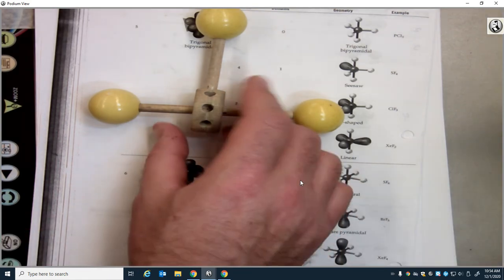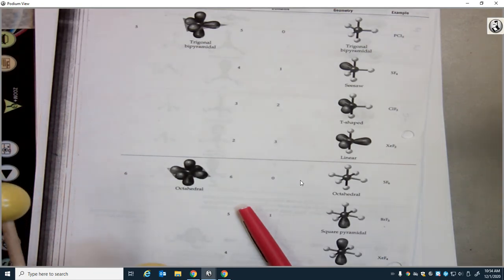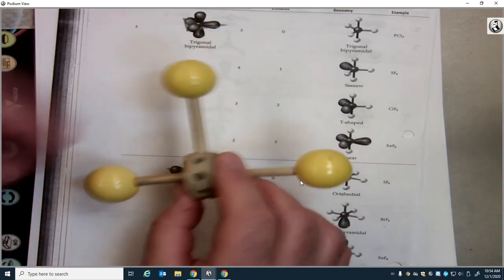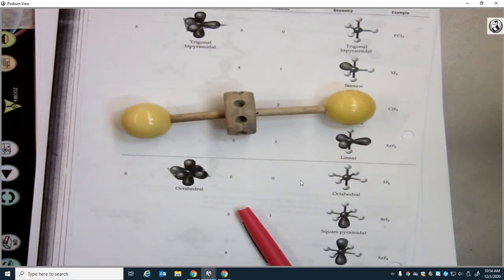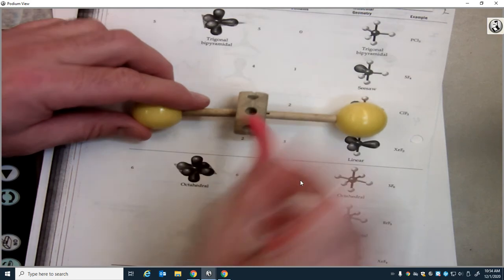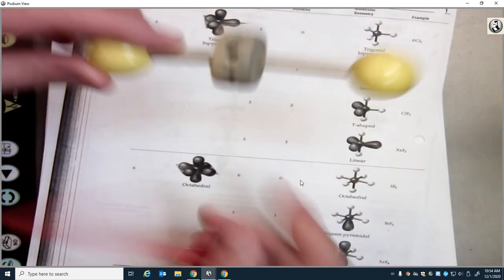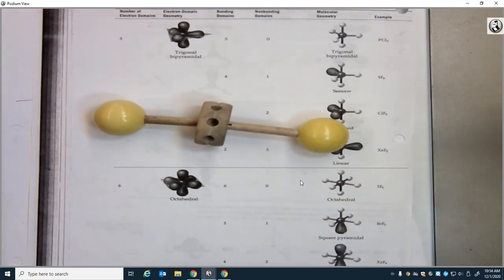If we take another one away, we can end up with a linear. In this case, you still have to remember we have a non-bonding pair here, a non-bonding pair here, and a non-bonding pair here. So that's how we could get to a linear from a 5-electron domain.